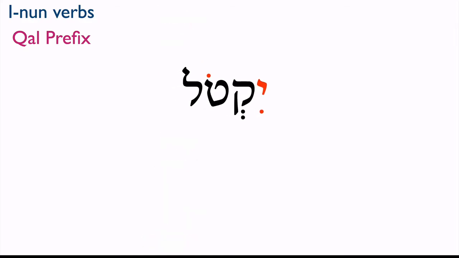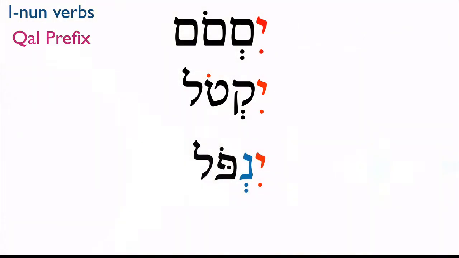We will recall that the standard pattern is the yod on the front, a chireq, and then an o vowel as the theme vowel, that is between the second and third radical. So yiktol. And if we try to just take our three-letter root, nafal, and plug it in following this pattern, we get yinpol.